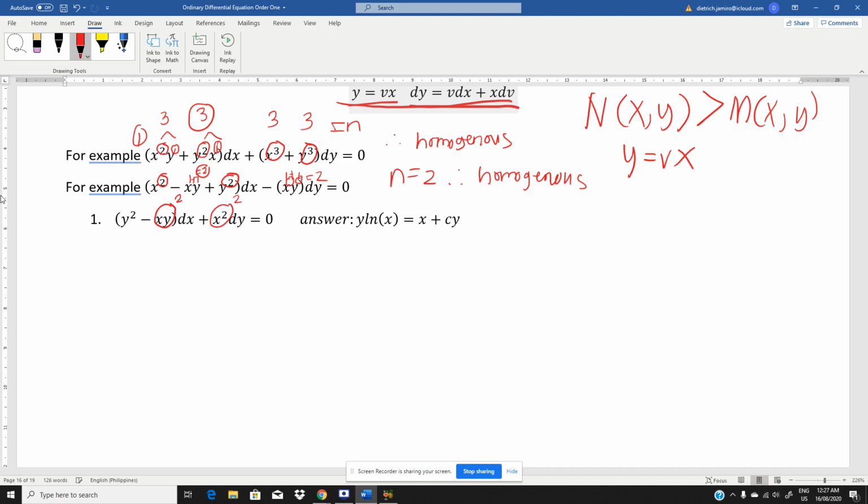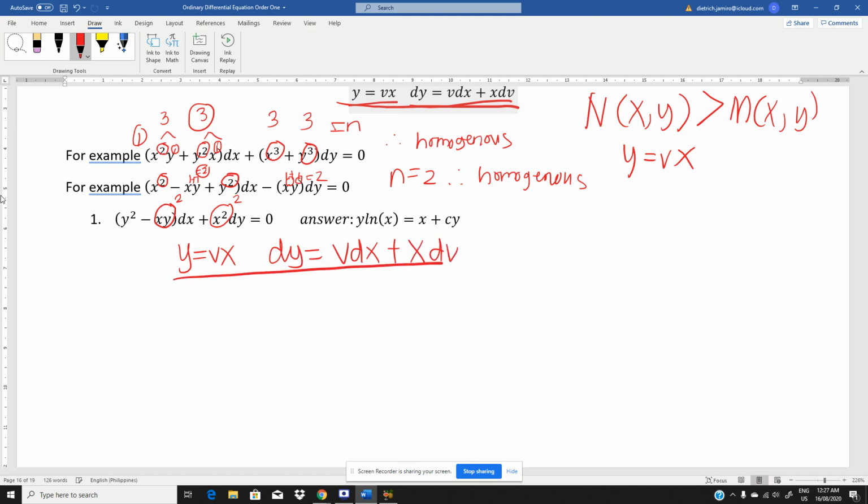Therefore, this is a homogeneous differential equation. As you can see, N has fewer terms, so let's substitute y = vx. Taking the derivative of that, we will have dy = v dx + x dv.